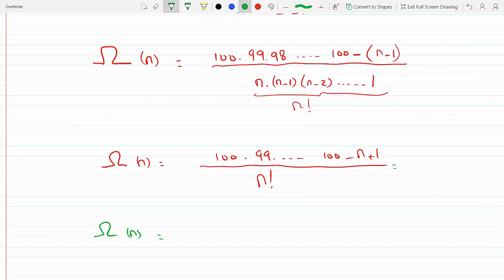To make the numerator 100 factorial, which is the total number of coins, I would have to multiply by 100 minus n, and so on, and then over 100 minus n.